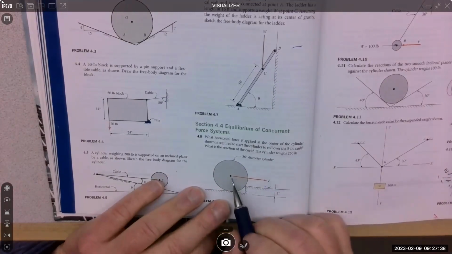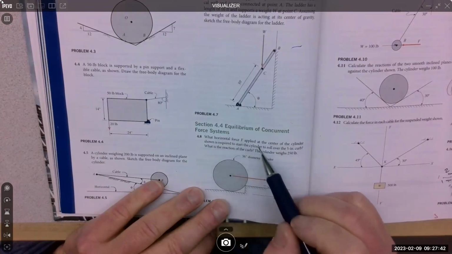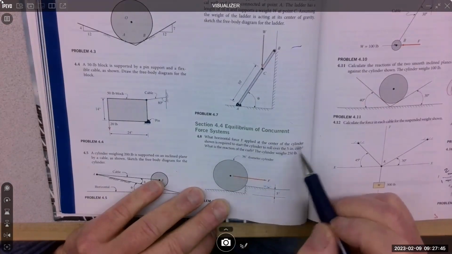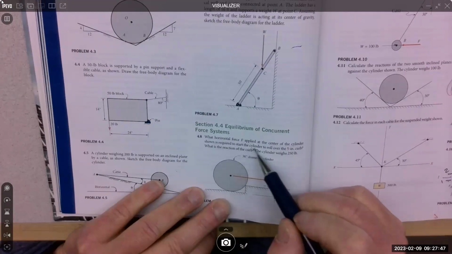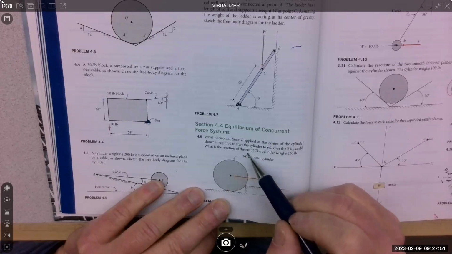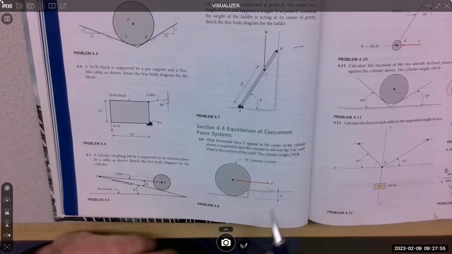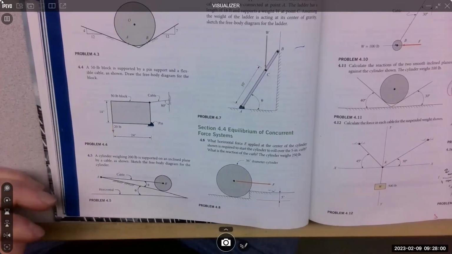So if I'm going to pull on this with F, what horizontal force F applied to the center of the cylinder shown would be required to start to roll over the 5-inch curb? What is the reaction of the curb? The cylinder weighs 250 pounds. So this would be starting with a free body diagram, right?